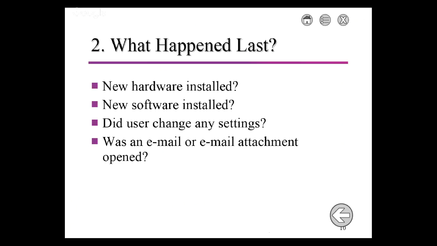So things that might have happened just before, that's where the little detective work comes in. I think you have to ask, inquire. Maybe the user doesn't know, but at least it's worth asking them to see if they can think of what might have caused it, or what occurrence happened just before it failed.